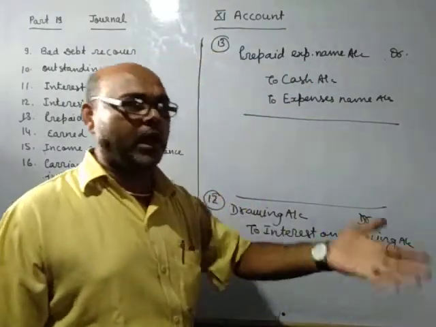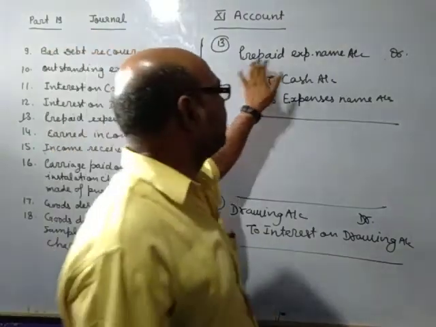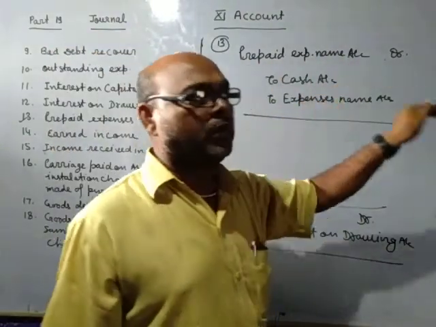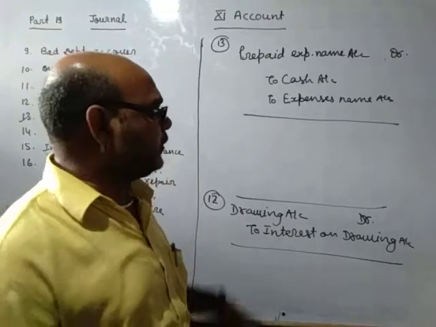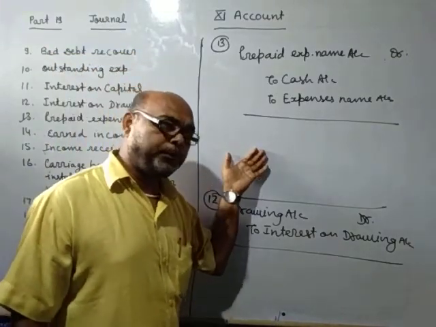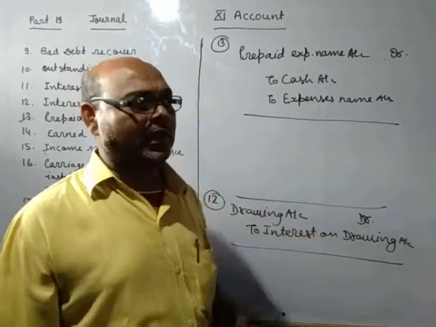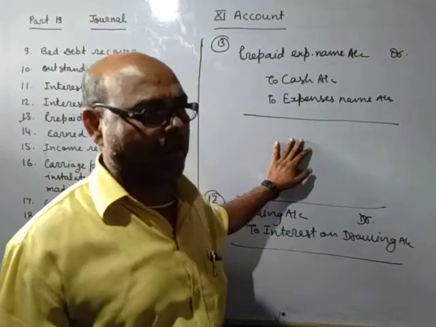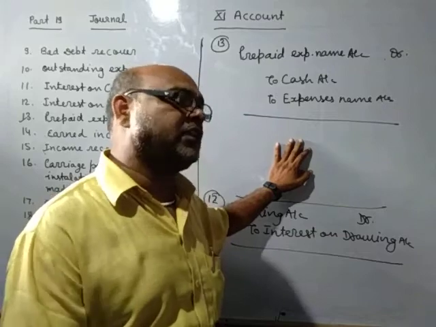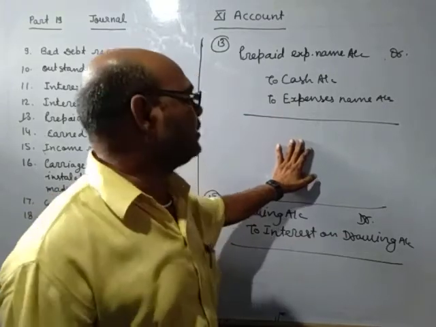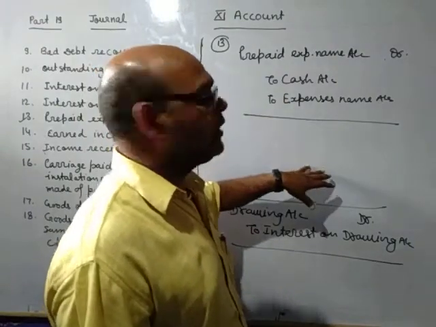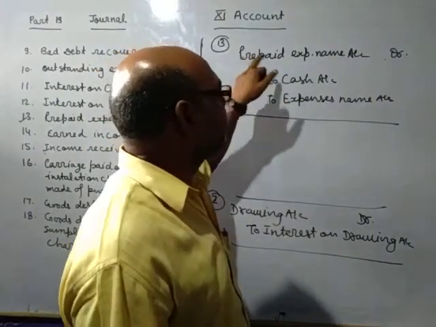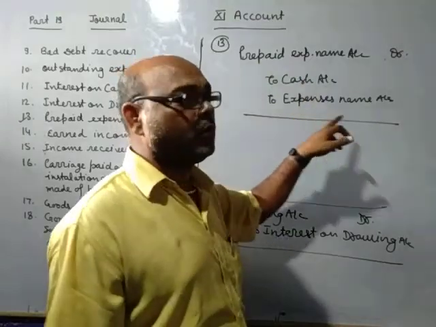But if at the end of the year you find that 3-month rent is in advance, then for the 3-month rent you will pass the entry prepaid rent account debit to rent account.